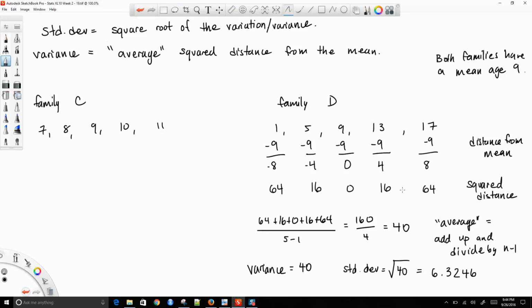All right, and so in the interest of time, I'm going to just fly through the same process for family C, okay? So I'm going to just write distance. We're going to subtract the 9 from each of these. Two.